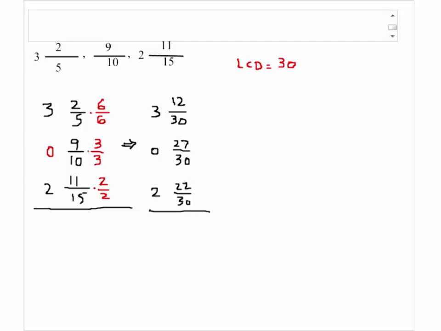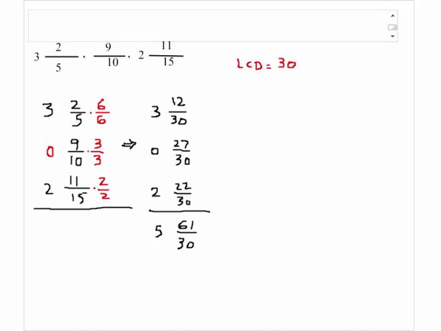So we add them up: 12 plus 27 plus 22 would be 61 over 30. And we add the whole numbers together, we would have 3 plus 2 would be equal to 5. So we have 5 and 61 over 30. We need to divide this by 3.